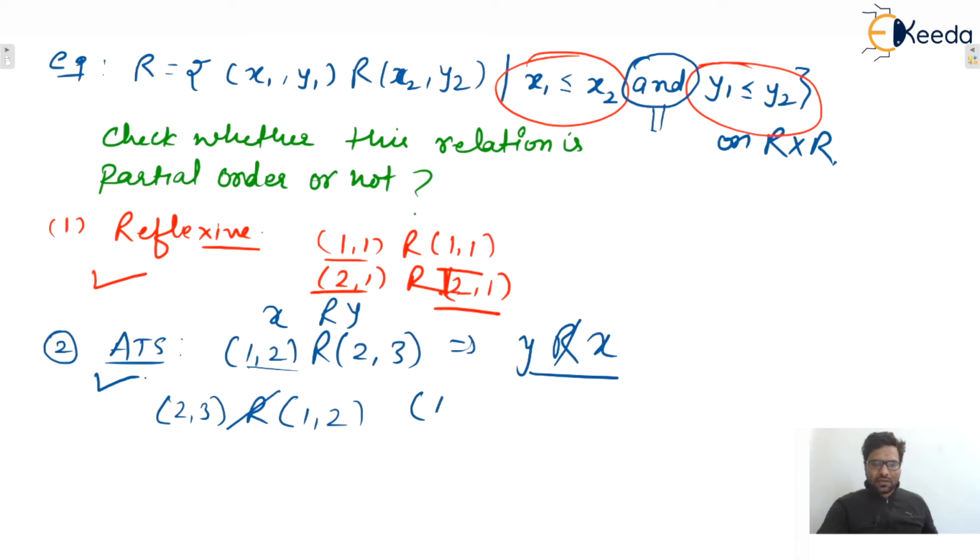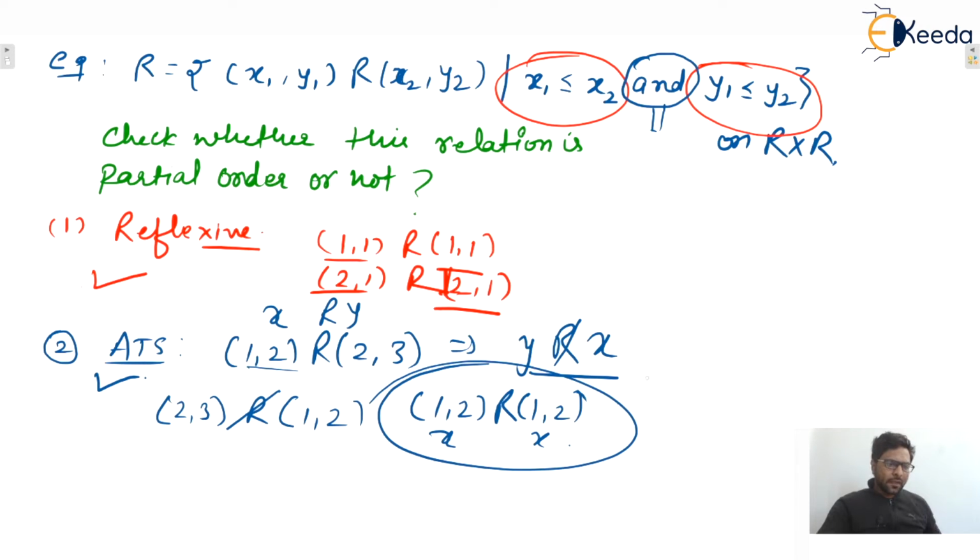But here self loops are allowed, so no problem at all. In antisymmetric, self loops are allowed. So let's say this is (1,2) and this is also (1,2). Then x is related to x. That is allowed inside antisymmetric. Some students are saying, sir, if (1,2) is related with (2,1)?